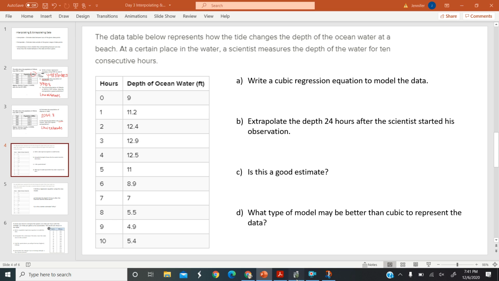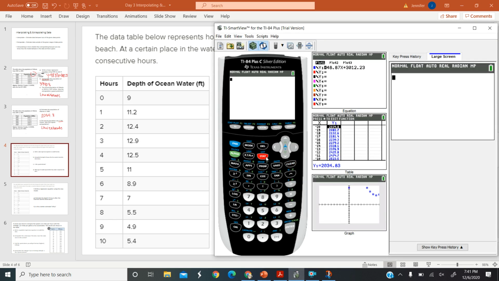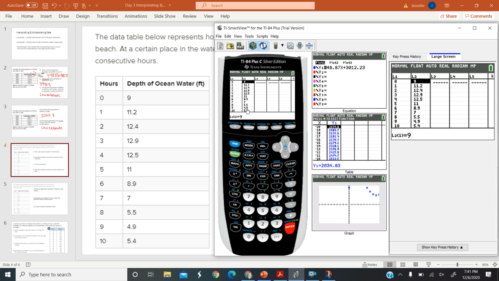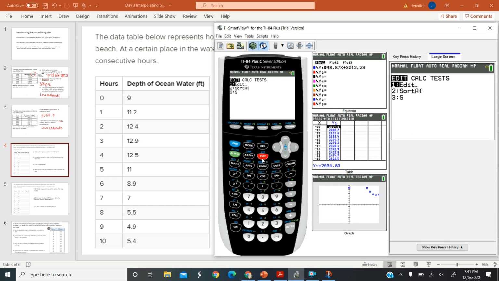So I already entered the data in the calculator, so I'll show you the table here. And then I'm going to go to stat calc, and I need cubic regression. So that is number 6 right here.